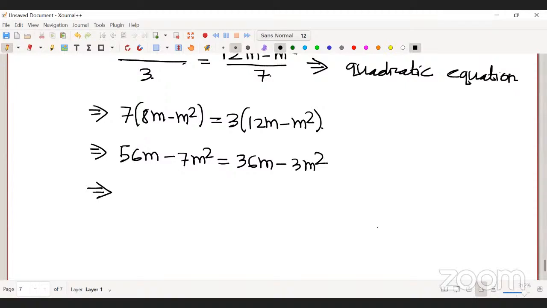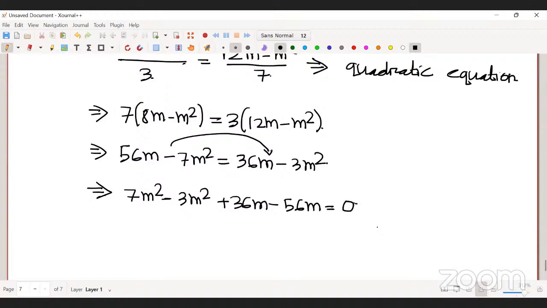So let's say if I take all these things to one side, then what I will get is 7m square minus 3m square plus 36m minus 56m, which is 0, right? So this is 4m square minus 20m, which is 0.